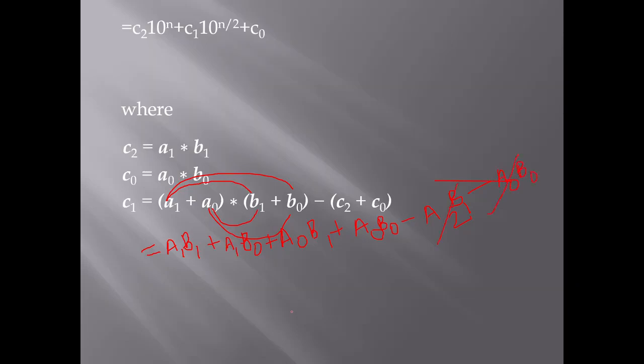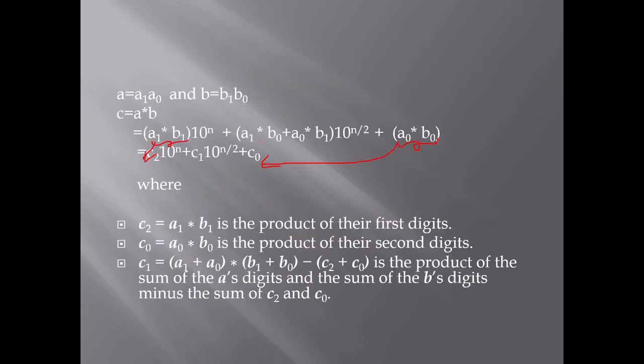Cancel these two terms. We will get the answer A1 into B0 plus A0 into B1, which is equal to C1. That term and this term are the same, so we are replacing this term with C1.